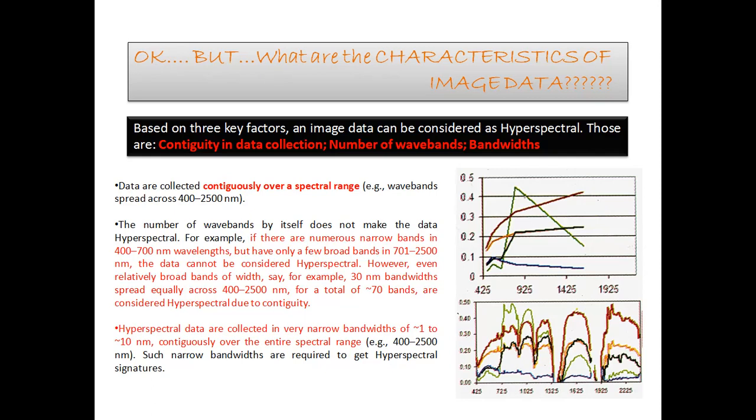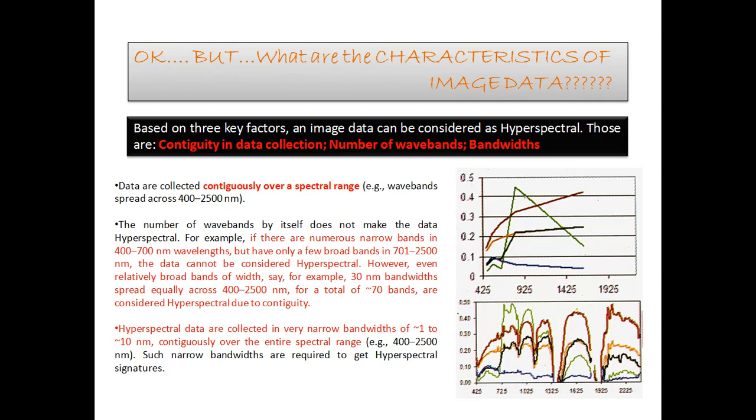So what are the typical characteristics of this hyperspectral image data? The characteristics can be described in three ways: contiguity in the data collection, number of the wave bands, and the bandwidth.